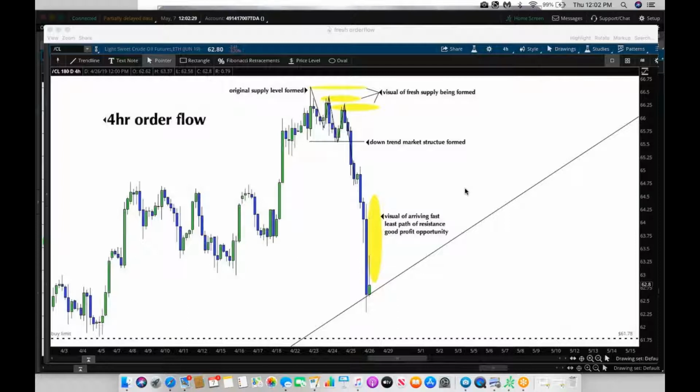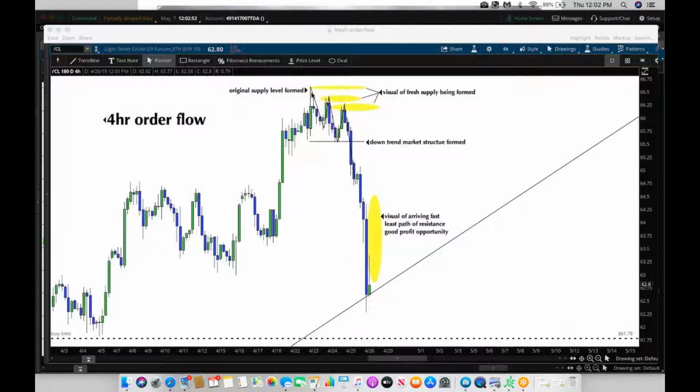I just want to connect this: all of that, breaking opposing order flow and downtrend market structure, is also going to start to form that original supply level being formed. That's pretty much what we're waiting on the market to do when it's trading out of the zone.